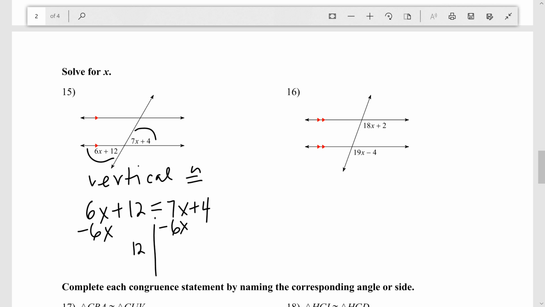So I'm left with 12 here. I've got a single x left and then plus 4. Now to isolate my x, I'm going to move my 4 by subtracting it. And I am left with 8 equals x. And that is all I needed to solve for. So hopefully you can go ahead and do that with number 6.